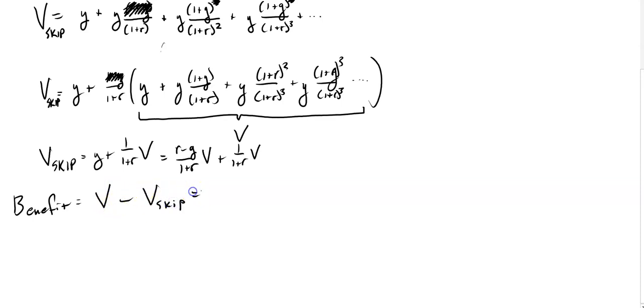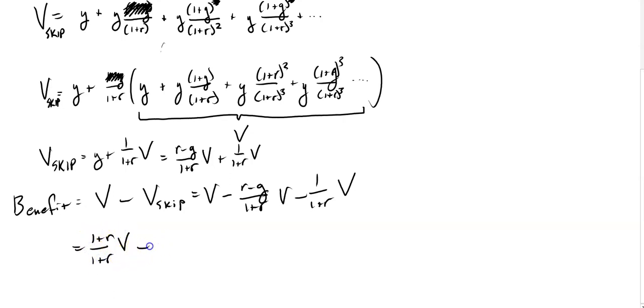And the value of skipping we've got right here. So we can rewrite this as this minus this, all right? And to solve this, we basically need to multiply and divide this guy by (1+R) over (1+R), which is equal to 1. And we can basically see that this is all going to simplify a lot.